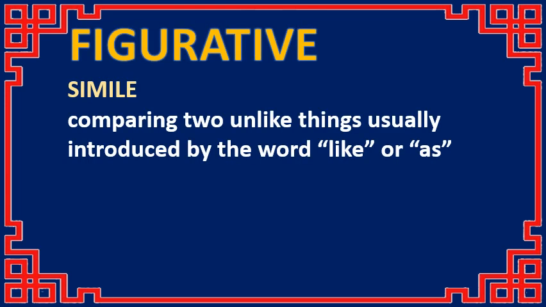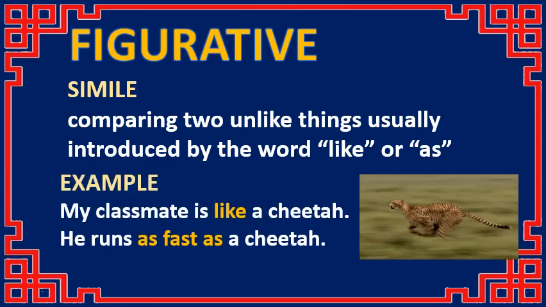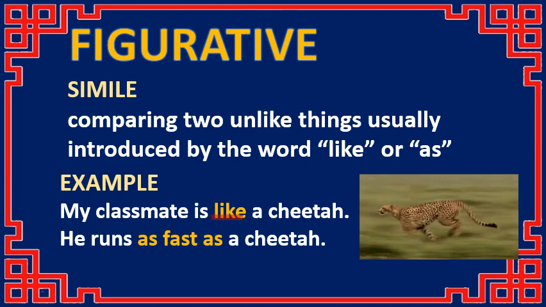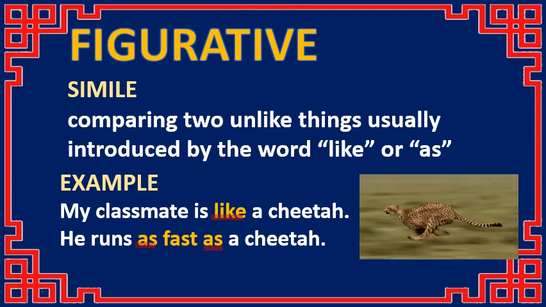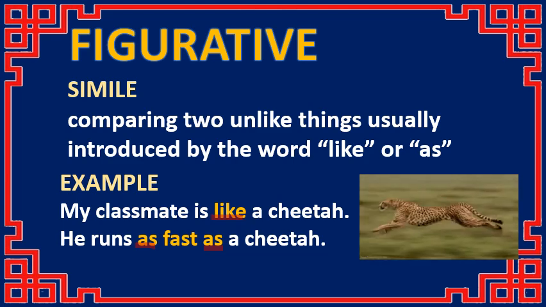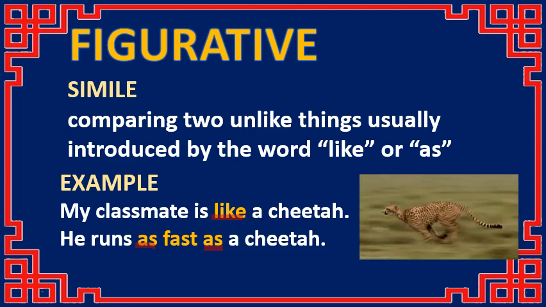These are called figures of speech, and the first example is simile. Simile is a technique comparing two unlike things usually introduced by the word like or as. For example, my classmate is like a cheetah. He runs as fast as a cheetah. Notice that we use the word like to compare the word classmate to a cheetah.